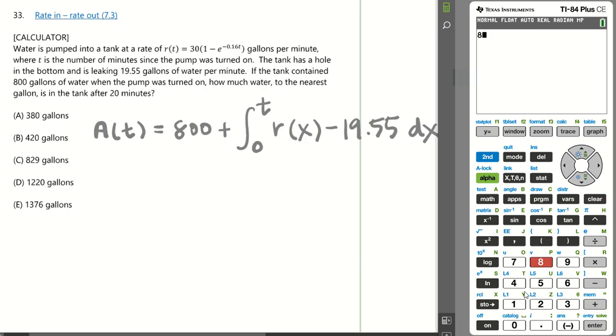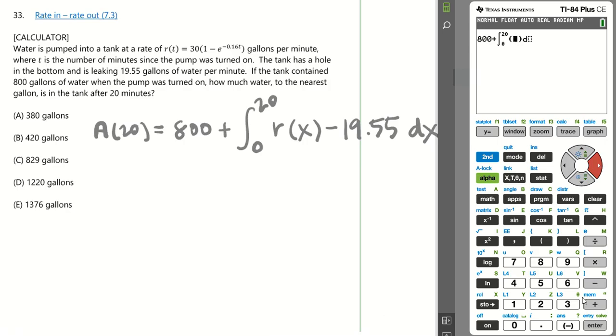So I'm going to go over here to the calculator. I'm going to do 800 plus the integral from 0 up to, in our case, 20. So we're interested in where t is 20. Zero to 20 of r of x is 30 times 1 minus e to the negative 0.16 t.